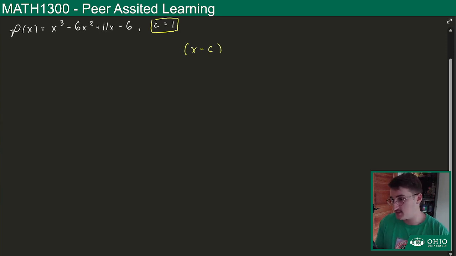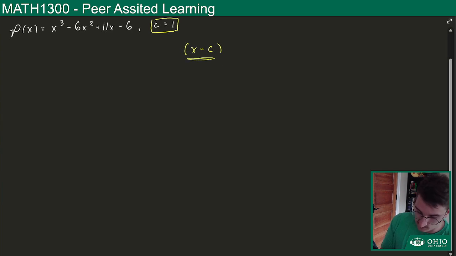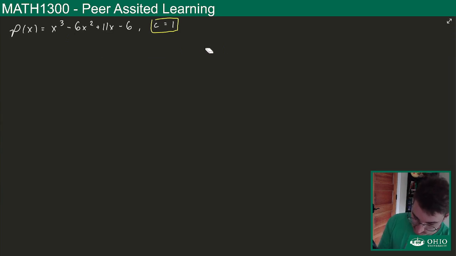And I want to take this term and divide it by our polynomial. And what division technique uses a 0 as part of its setup? Well, synthetic division. So what I'm going to do is I'm going to use x minus c to set up synthetic division for this polynomial. So let's look at how that will work.